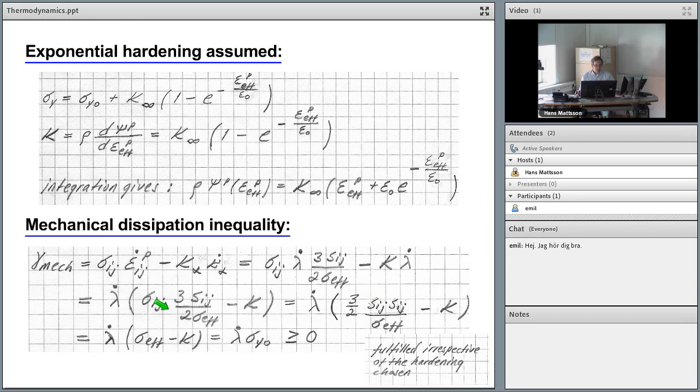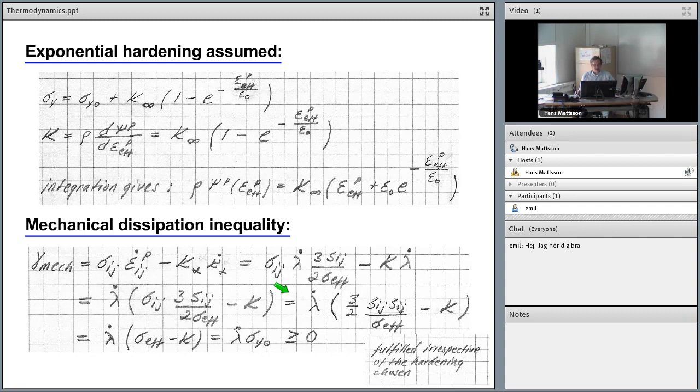You see that this becomes the same as this. Because SCE is equal to sigma IE minus 1/3 of the sigma KK times the Kronecker delta.